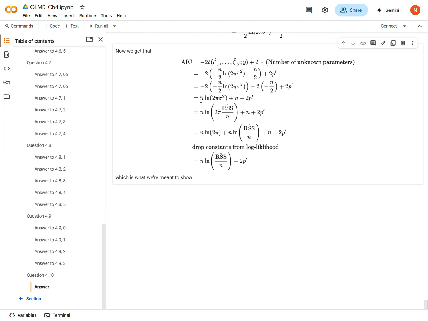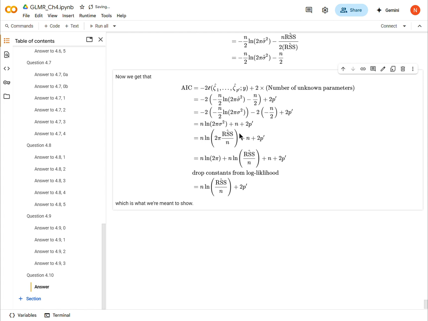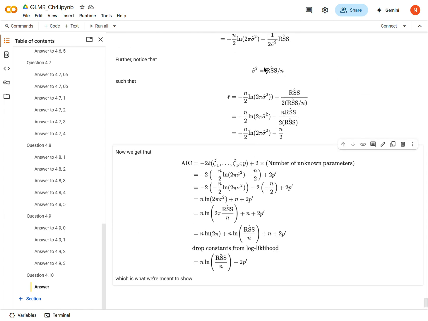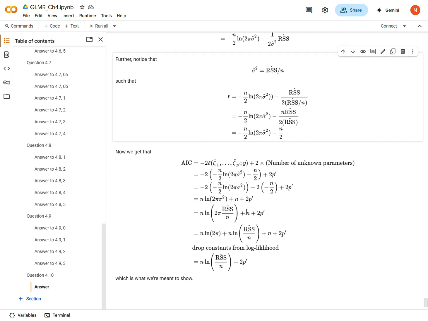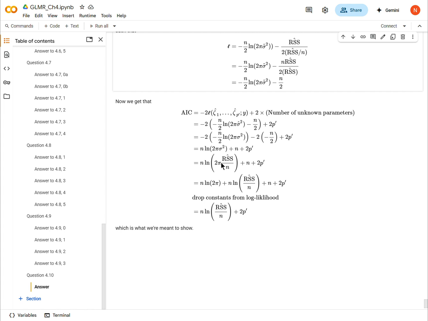And so now we're going to bring back the expression sigma squared hat is RSS over n. We're replacing this with this. Now I realize that I forgot to put a hat on these sigmas. I'll do that after the video, but these are all sigma hat squared.